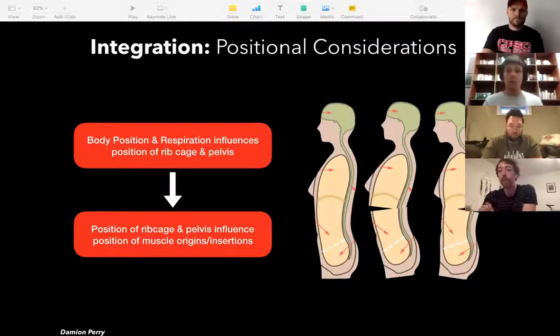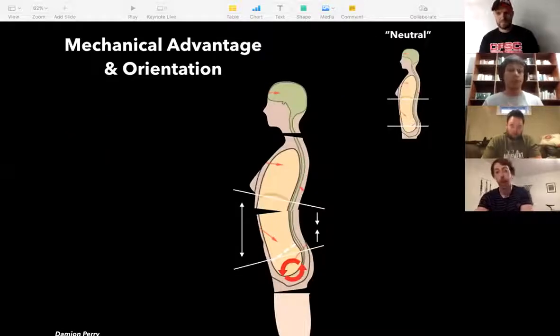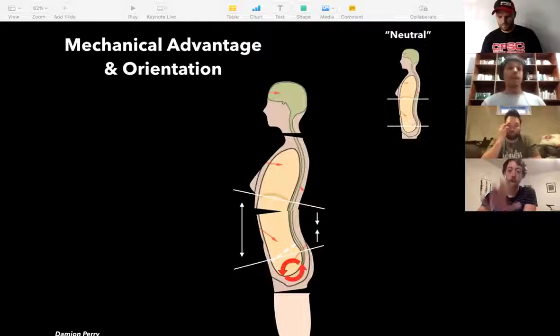So if we have a position that is out of a neutral position, and that word neutral is very much up for debate, but any sort of inkling of something that is up and down, and you know when it's not straight up and down and relatively neutral because you see it. We're going to get some images of this stuff. This is not the only example I could ever make, but it's a very useful one for the sake of this application. So what happens with our bland person that was opened on the front side?